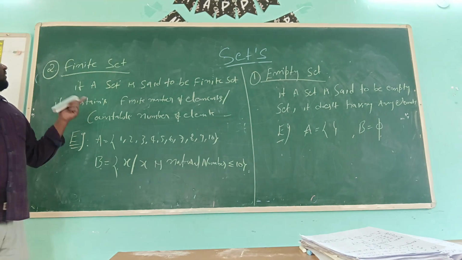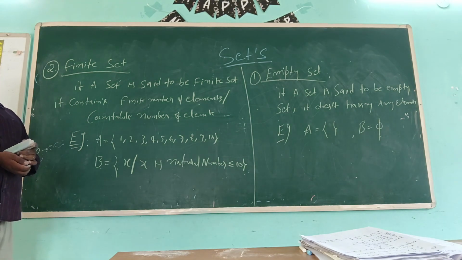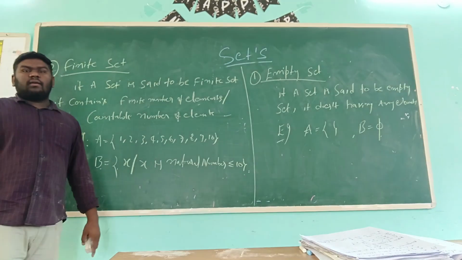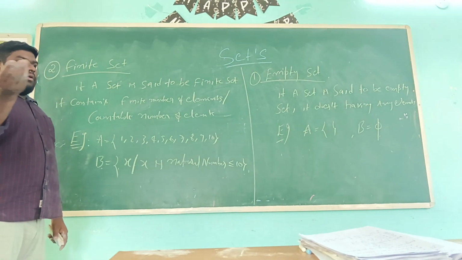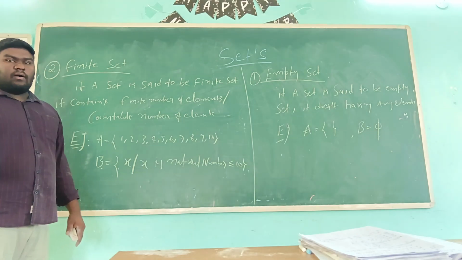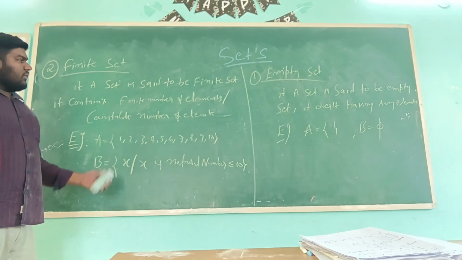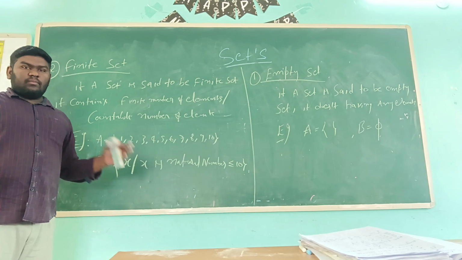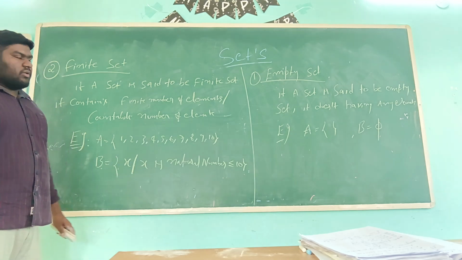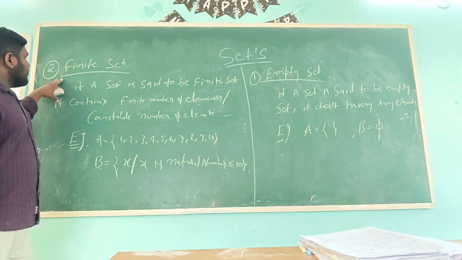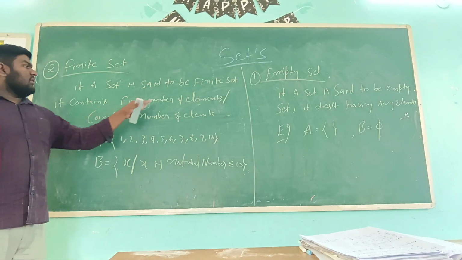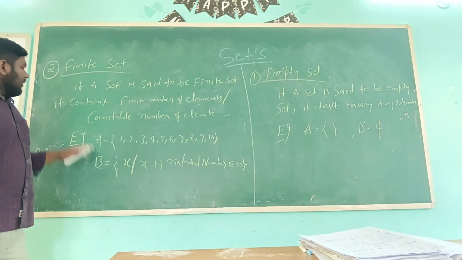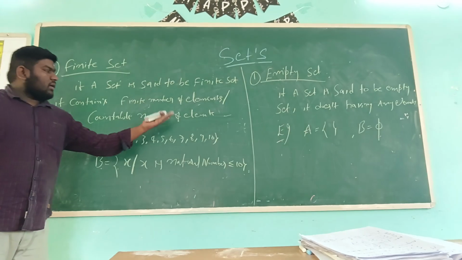Some examples of a finite set: the number of students in a class, which is countable. The number of two-wheelers in India; we can count, some quantity is there. This is the finite set definition. If a set is said to be a finite set, it contains a finite or countable number of elements.